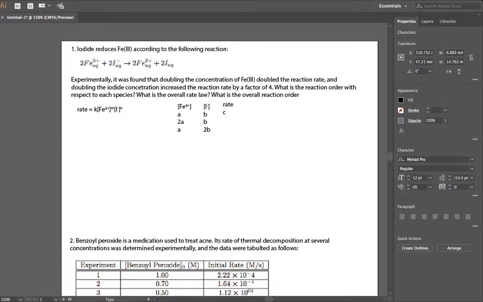For the second experiment, the reaction rate doubles, so that would be 2C. For the third one, when you double the iodide concentration, the reaction rate increased by a factor of 4, so that means 4C. With this data, you can determine what M and N are.